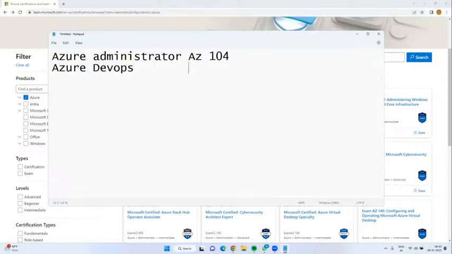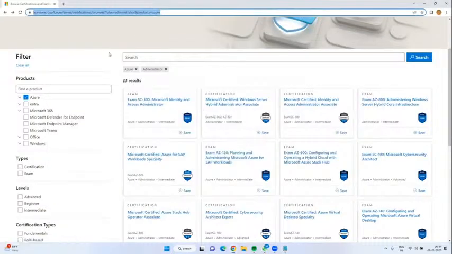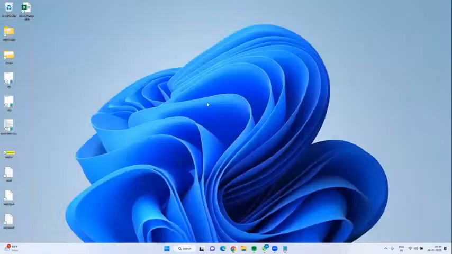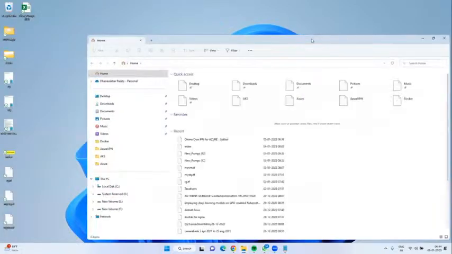These two in combination are very popular in the market. I am giving AZ400 DevOps and AZ104. Next, have a look. I am going to present one PPT where I have included all modules and submodules. Let me open it.